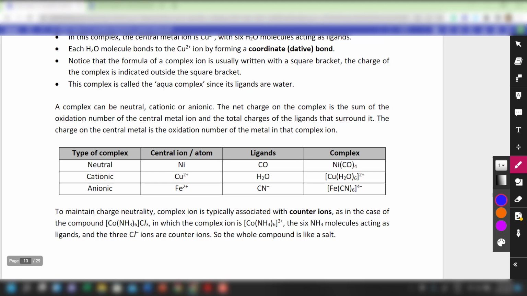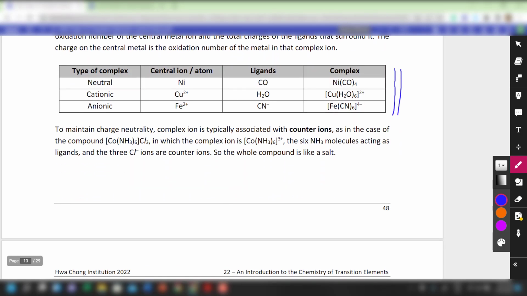A complex can be neutral, cationic, or anionic. The overall charge can also be anionic or cationic. These are the examples. If you want to, you can take note of them. Sometimes for complexes, their existence will also mean that there are other counter anions or cations present.